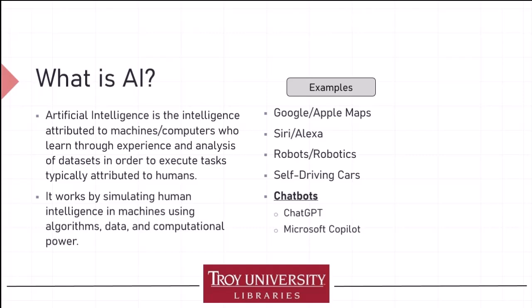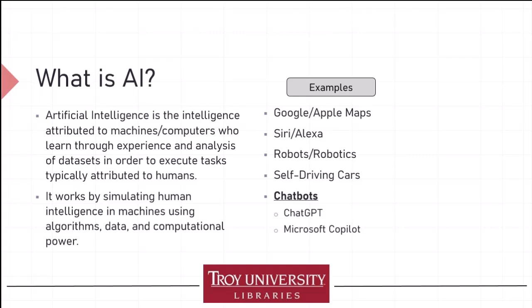So what is artificial intelligence? Many people think of robots when they hear the term. I know I do, and they would be right, but there's much more encompassed within that. So essentially, artificial intelligence is any computer program or machine that simulates human intelligence using algorithms, data, and computational power.